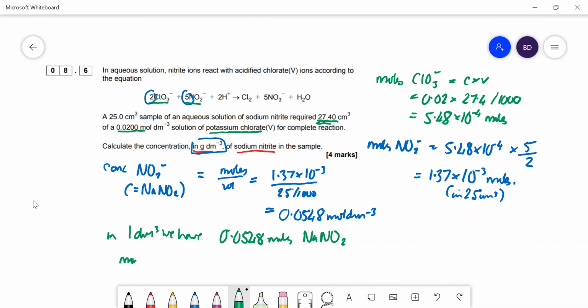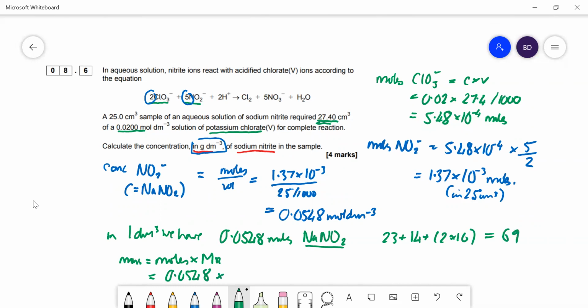So mass is equal to moles times Mr. The moles we've got is 0.0548, and the Mr of this stuff is going to be 23 plus 14 plus 2 times 16, which is equal to 69.